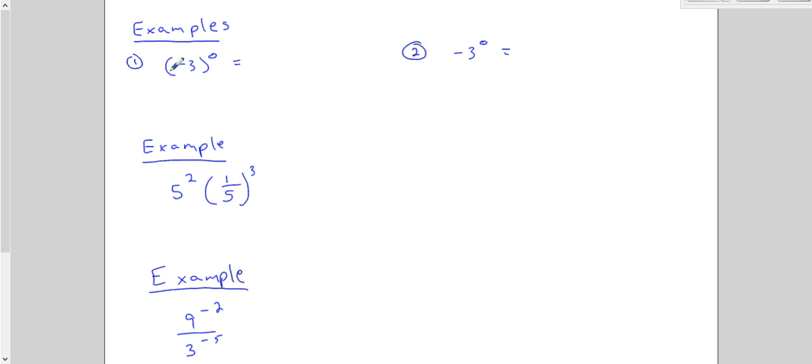I'm affecting the entire value of this number, and I am going to end up with a positive 1. In this second example, I do not have parentheses around that negative value. Therefore, this is the negative value of 3 to the 0 power. It's almost writing it like this: negative value of 3 to the 0. And that's going to be negative 1 for my answer.